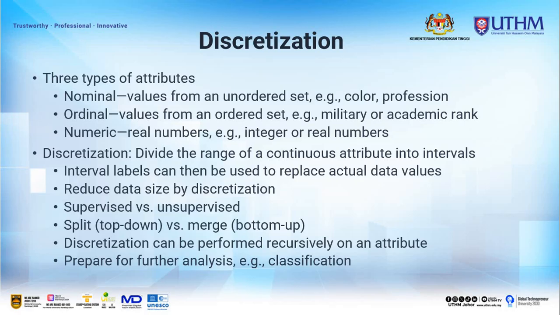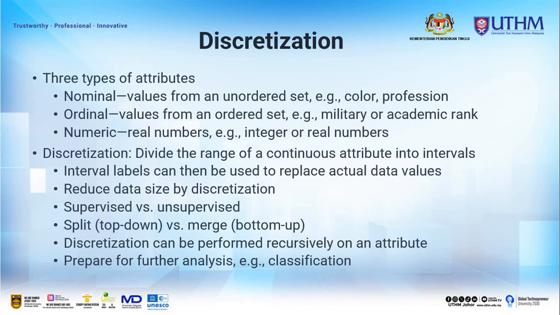The benefit of this discretization is that by grouping continuous values into intervals, we reduce the complexity and the size of the data set. Generally, that is the important part. Supervised versus unsupervised discretization: supervised discretization uses class information labels. We know that for the class, supervised means we have a label to guide the discretization process.